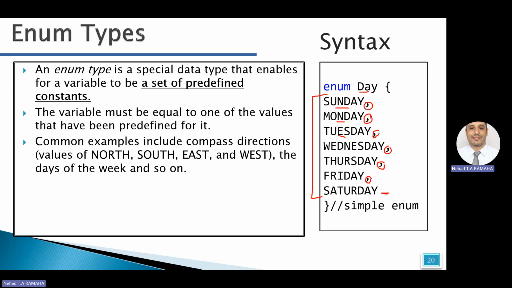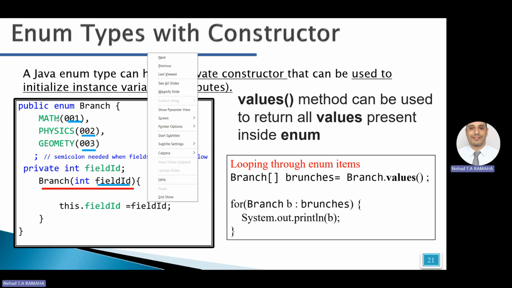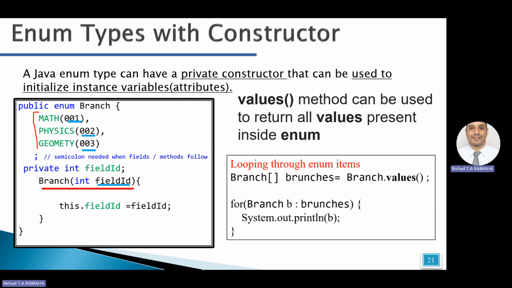Values are the same. The first one will be 0, 1, 2, and so on. The difference is here. Enumeration in Java, we could have the constant names as I mentioned, but we could have also after a semicolon some methods.